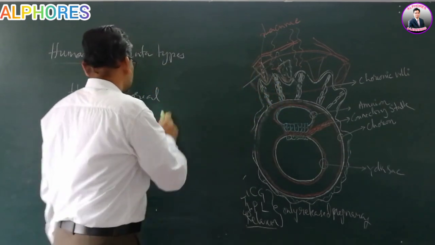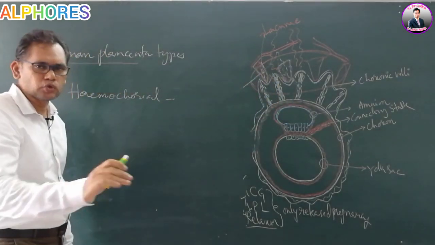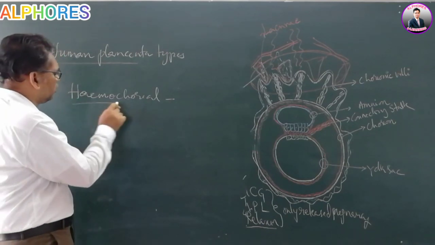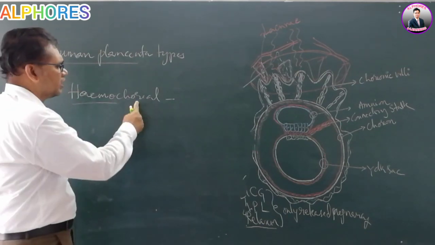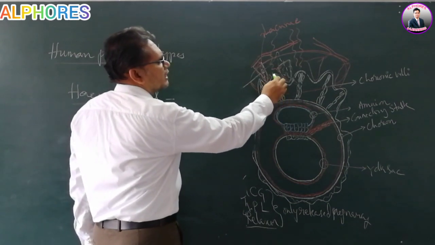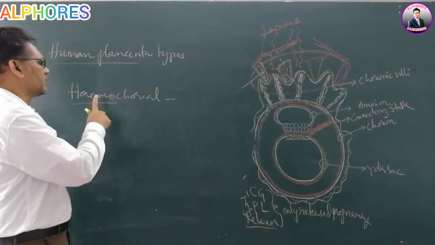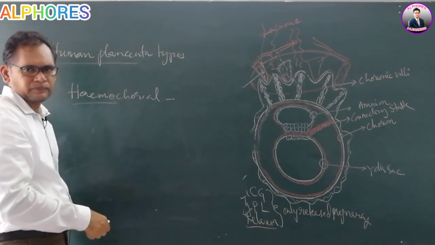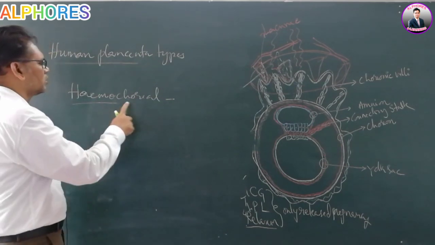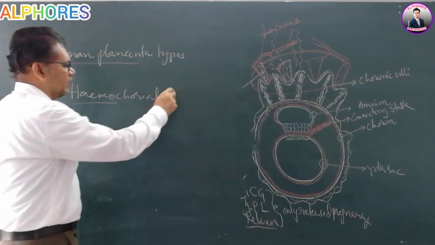Hemo means blood, chorion, the chorionic villi are in direct contact with the blood. Hence we call this hemochorial type. The placenta in humans is hemochorial type of placenta.